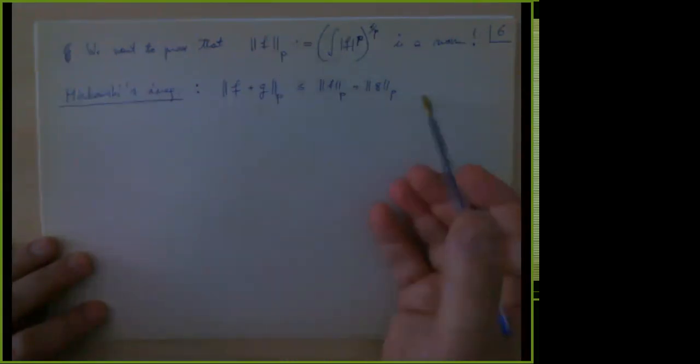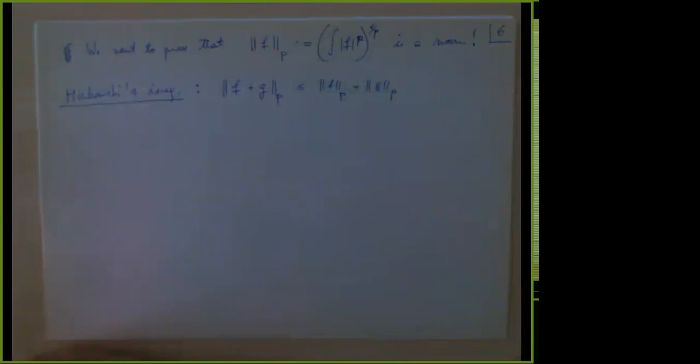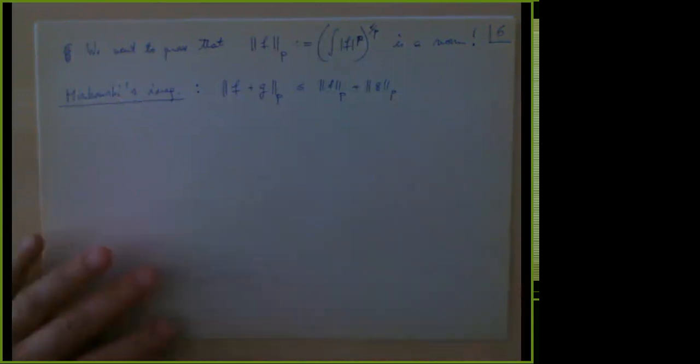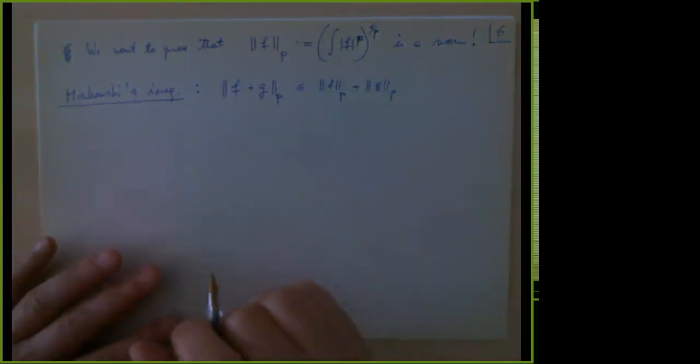Okay, so it is indeed a norm. If you have already seen the Lebesgue integral, things are not so simple, because you need to look at functions that are 0 almost everywhere, and so on. But we don't discuss that.